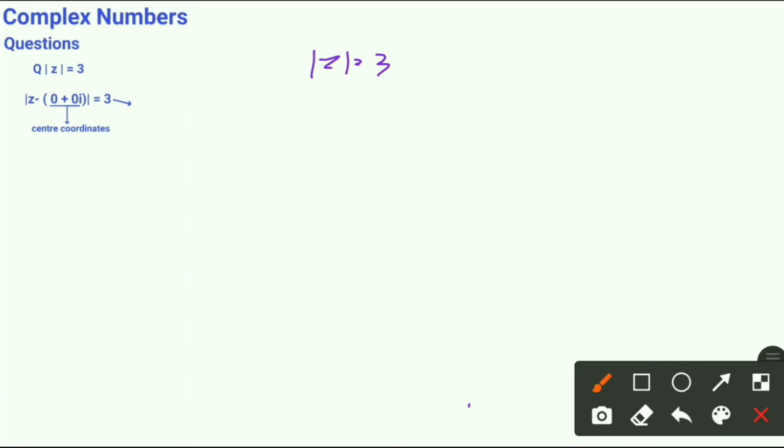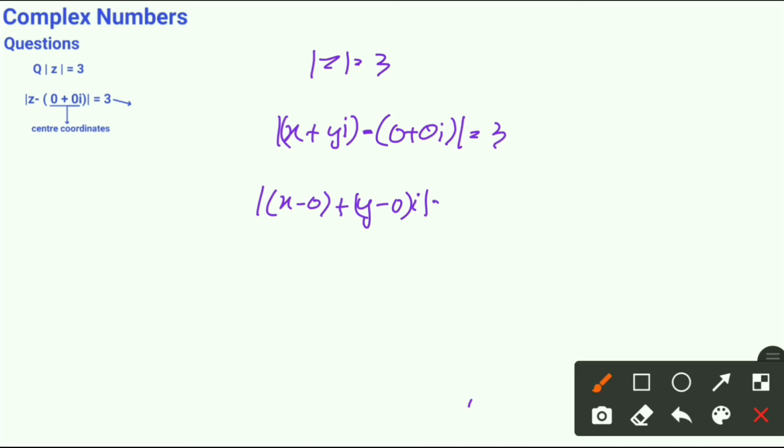So what it is telling us is, let's say that modulus z is equal to 3. Then we know that x plus y iota minus 0 plus 0 iota is equal to 3. Rearrange this and you will get x minus 0 plus y minus 0 iota, where 0, 0 are the coordinates of the center of the circle.